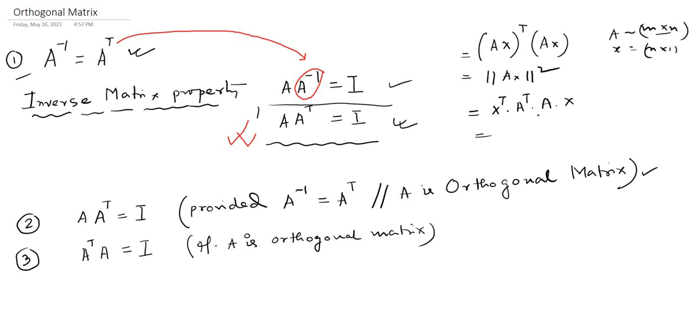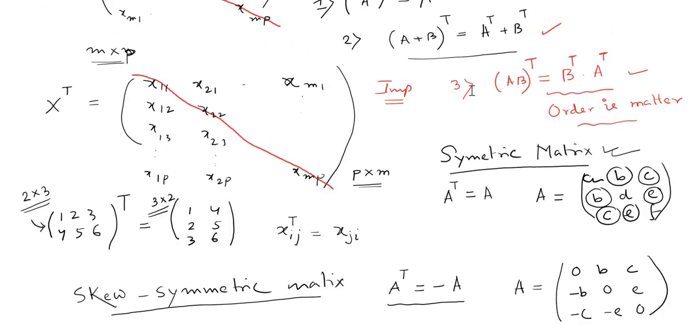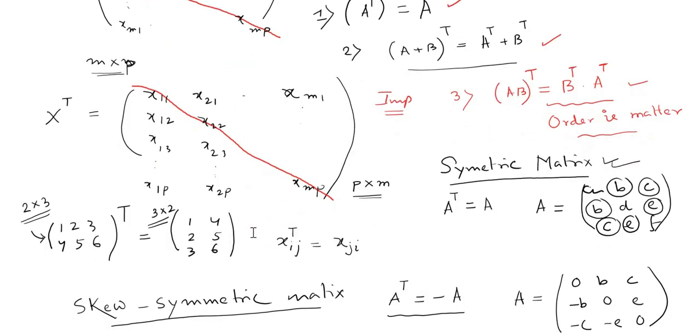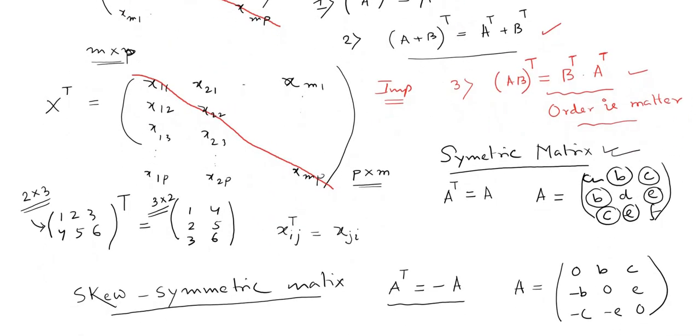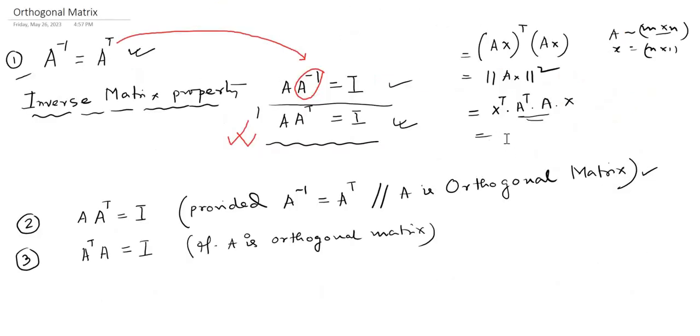We know from the transpose rule, so let me show that one more time from my previous notebook. And we know that from this property we have already seen that A transpose A is equal to the identity matrix.